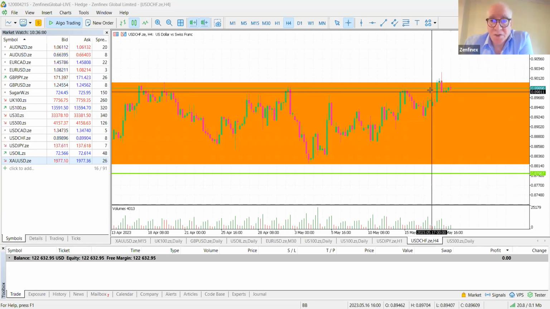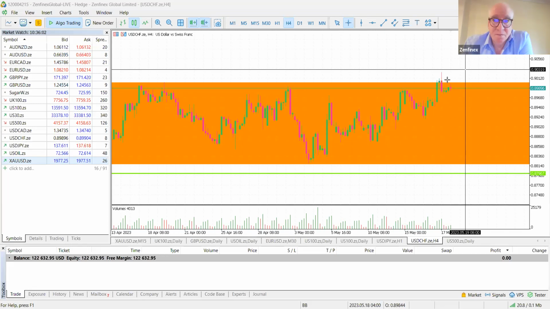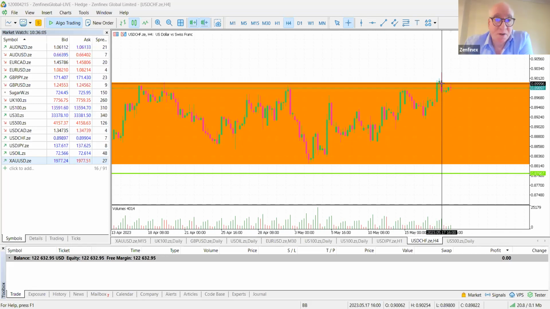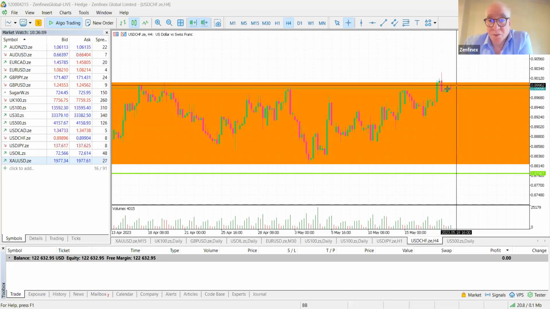So this Swissy rejected the top side of this consolidation zone, but it's still displaying some strength.